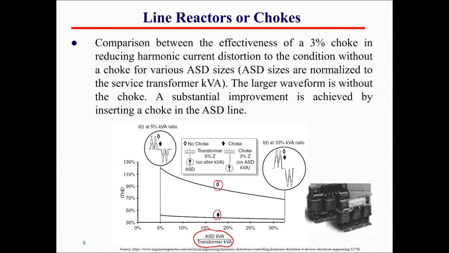Therefore, if the adjustable speed drive kilovolt ampere normalized to the transformer size in kilovolt ampere has a size of 5%, and then we use a choke with 3%, then that will reduce the total harmonic distortion from around 125% to around 30%.